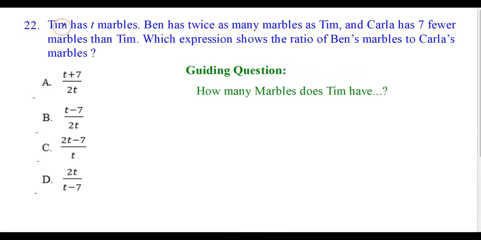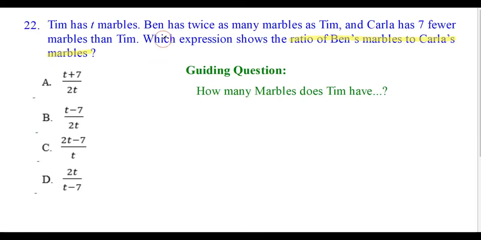Question 22. Tim has T marbles, Ben has twice as many marbles as Tim, and Carla has 7 fewer marbles than Tim. Excuse me there. Which expression shows the ratio of Ben's marbles to Carla's marbles? I am going to highlight part of the final question. Ratio of Ben's marbles to Carla's marbles.